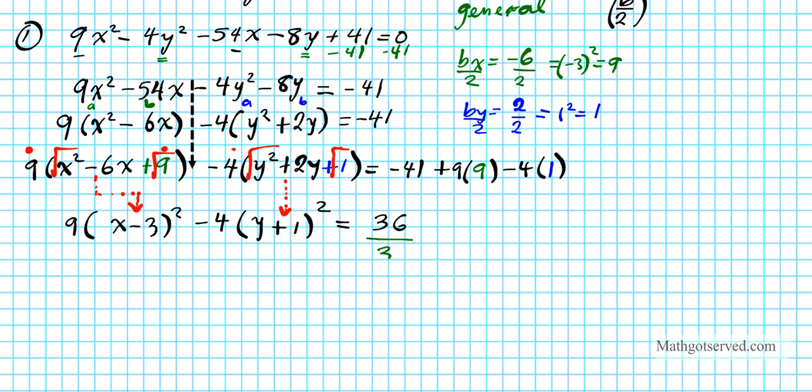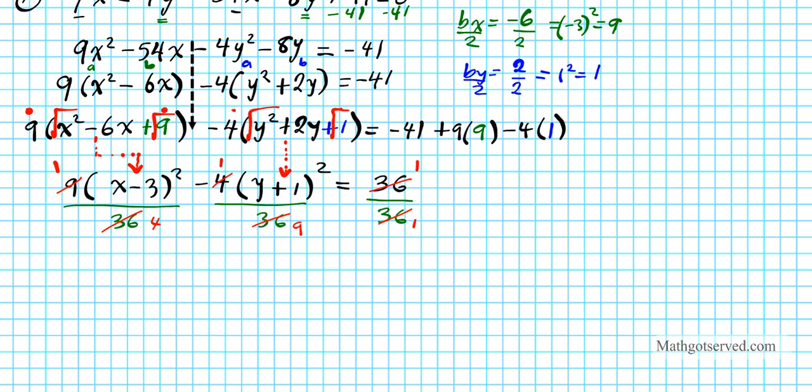Divide this by 36, divide this term by 36, and divide this term here by 36. 9 goes into itself once and then goes into 36 4 times. 4 goes here once, 4 goes into 36 9 times, and this divides evenly. 36 here is 1, 36 goes here 1 also. So that yields x minus 3 squared over 4 minus y plus 1 squared over 9 equals 1.